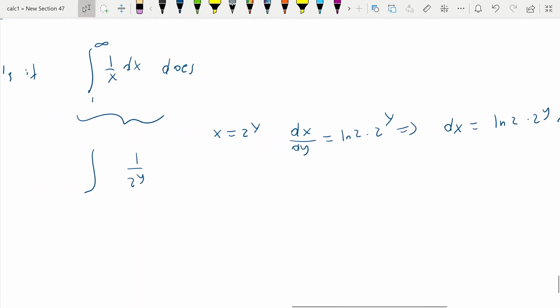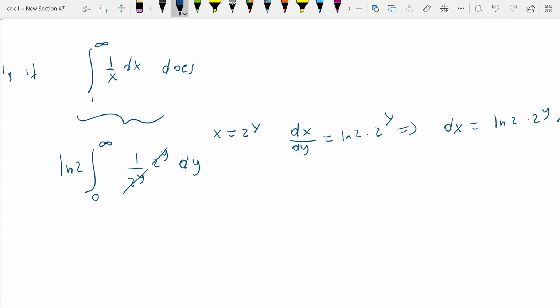So except for a factor of natural log of 2 here, this transforms into the integral of 1 over 2 to the y times 2 to the y dy. And when x is equal to 1, y is equal to 0, so to infinity. But these two things cancel out, so you get the integral of 1.